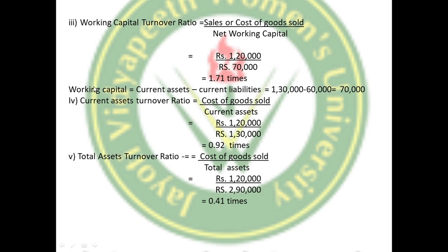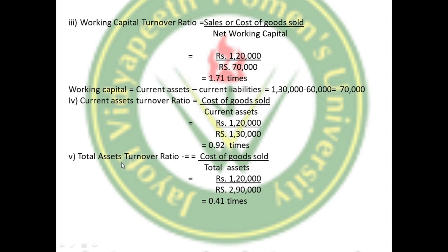So the formula to calculate current asset turnover ratio is cost of goods sold divided by current assets. Cost of goods sold, as we have already calculated, is 1,20,000 and current assets are 1,30,000. When we divide these two, we get the answer 0.92 times.